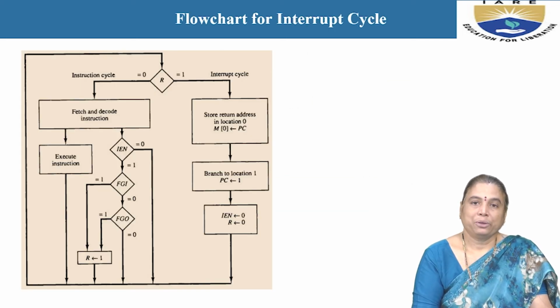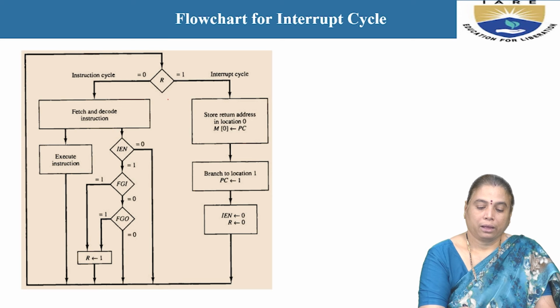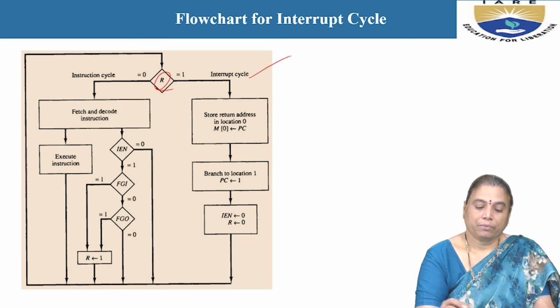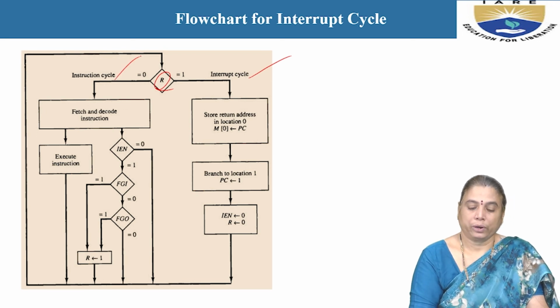Here, by using the R flip-flop, it can be identified whether an interrupt has occurred. If the R value is equal to 1, the interrupt cycle can be executed. If the R value is 0, then the instruction cycle is executed.